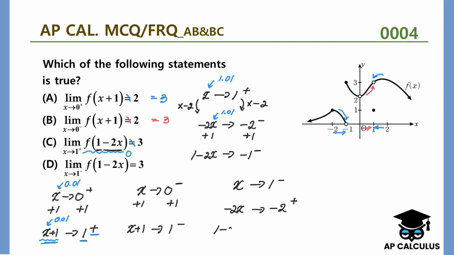And 1 minus 2x approaches negative 2 plus 1, that's negative 1 from right hand side, right? So as 1 minus 2x approaches negative 1 from right hand side, what does the function approach? The function approaches 3, right? So it approaches 3. So the answer has to be D.